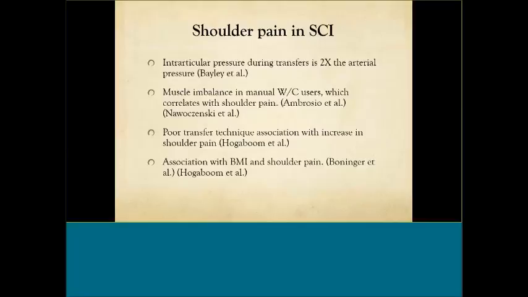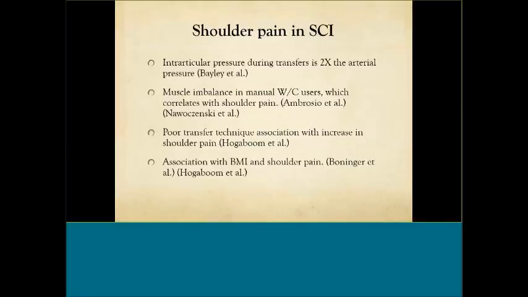We see that the intra-articular pressure, meaning the pressure actually in the shoulder, is about 2 times that of your arterial pressure during the transfer, meaning that you aren't actually getting blood flow to the area during your transfers. Muscle imbalance in a manual wheelchair user correlates drastically to shoulder pain.